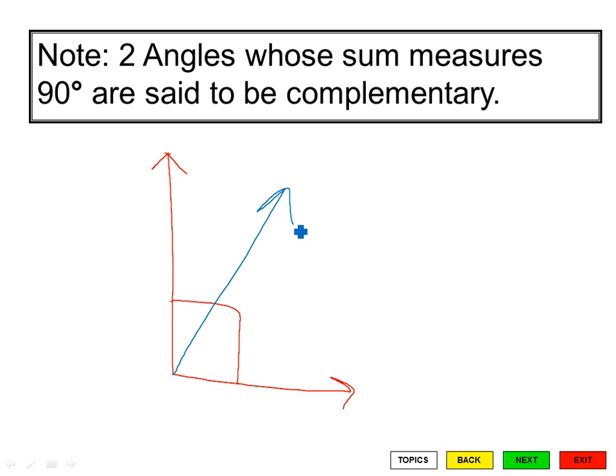That ray doesn't have to bisect that angle, but let's say this is angle 3, this is angle 4 maybe. What do you know about angle 3 and angle 4 together? They add up to 90 degrees. And that's what complementary angles are. Complementary angles are two angles, not 3, not 4, not 5, two angles that add up to 90 degrees.